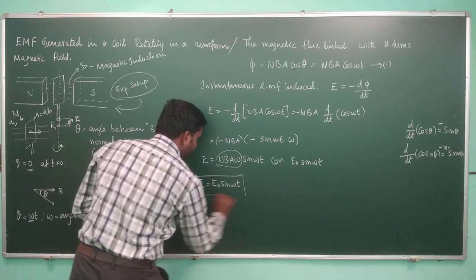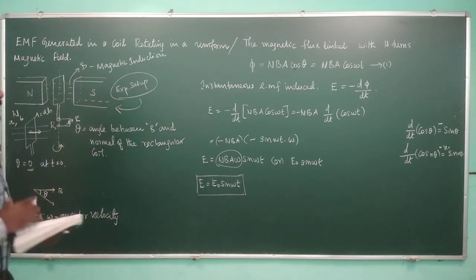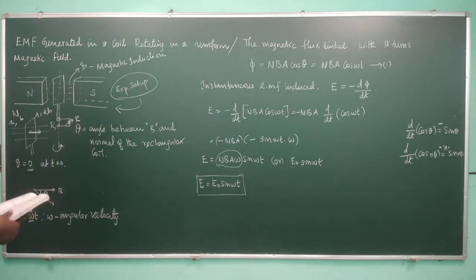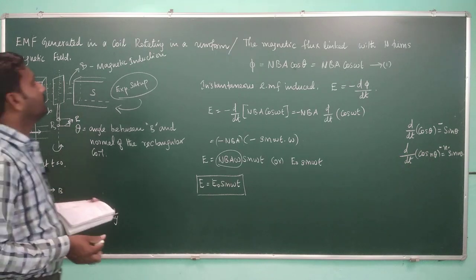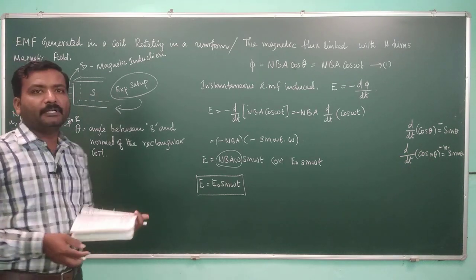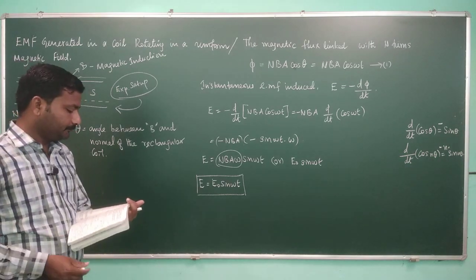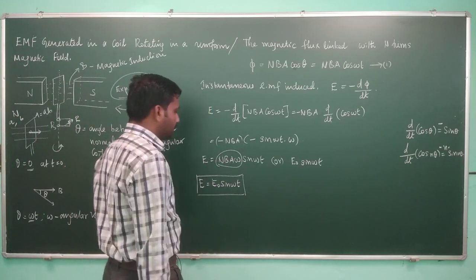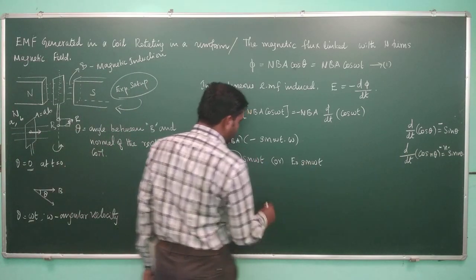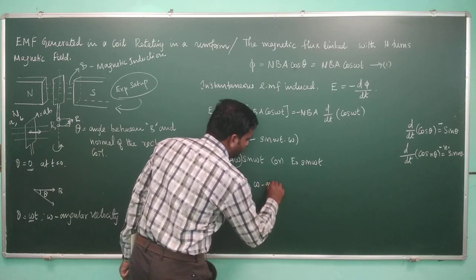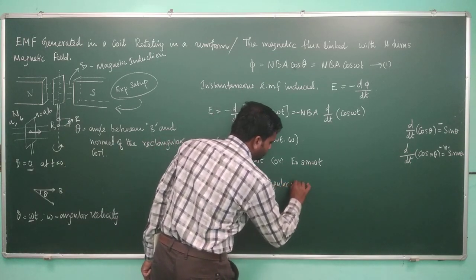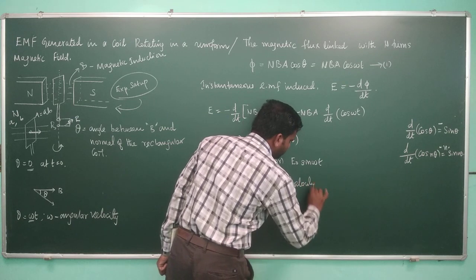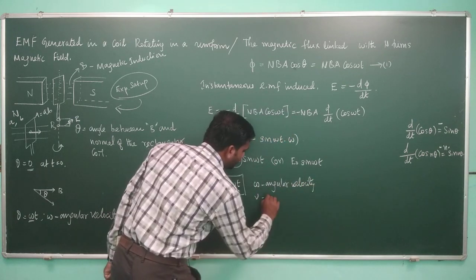This is the induced instantaneous EMF due to the coil which is placed in a uniform magnetic field and made to rotate. So here we said omega is the angular velocity, and nu is the linear velocity.